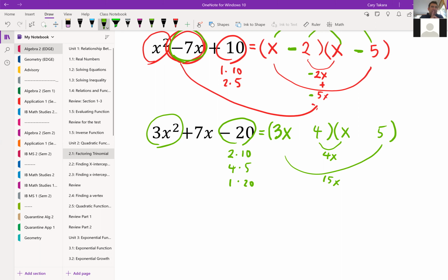Now, does that mean that we should give up on 4 and 5? And actually, what do you guys think? Yeah, we should not give up on this 4 and 5, because the other way is we could just switch this 4 and 5 and then we try the donuts again.